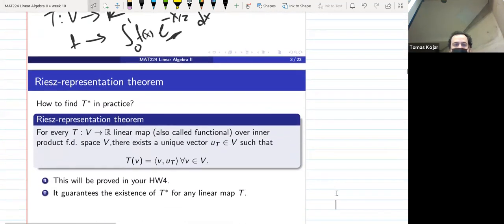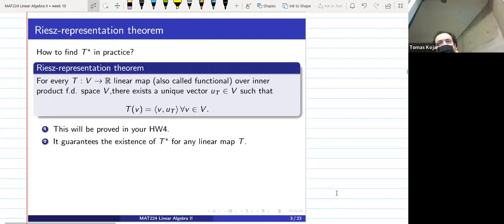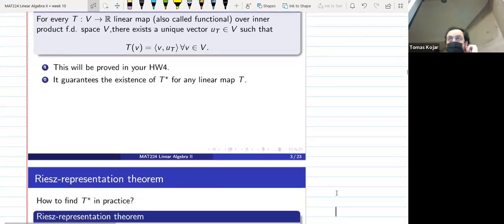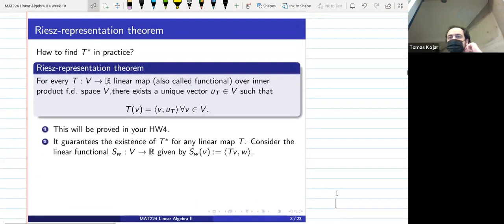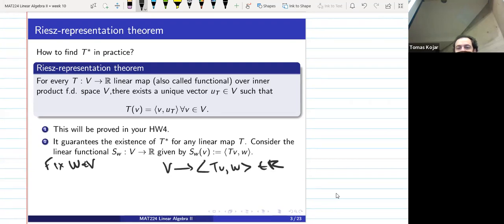He will do this in homework 4, and he also gives you T star. He told us not to prove it because you will do it. So let's get T star. What's this map, T star? You have a functional: you fix W, and V. This is a map that takes V to the inner product of TV and W, which is a real number.